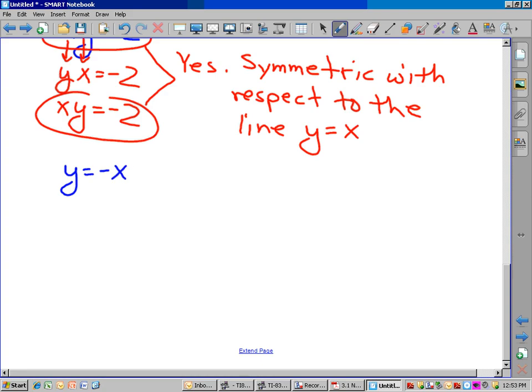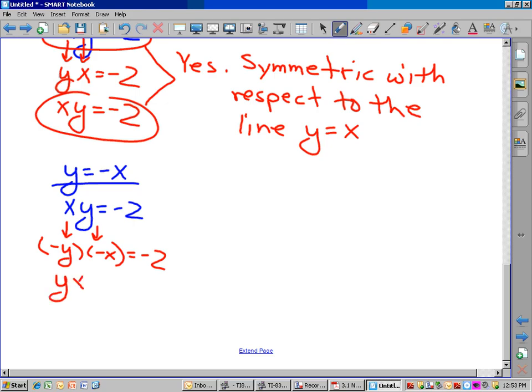Y equals negative x. Again, I'm going to replace, in this case, x with negative y and y with negative x. Okay? Multiplying this out, I get yx equals negative 2. I'm allowed to switch them. xy equals negative 2.